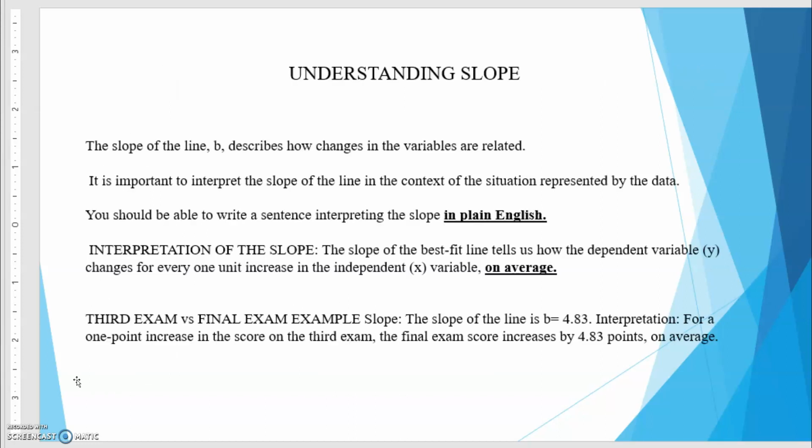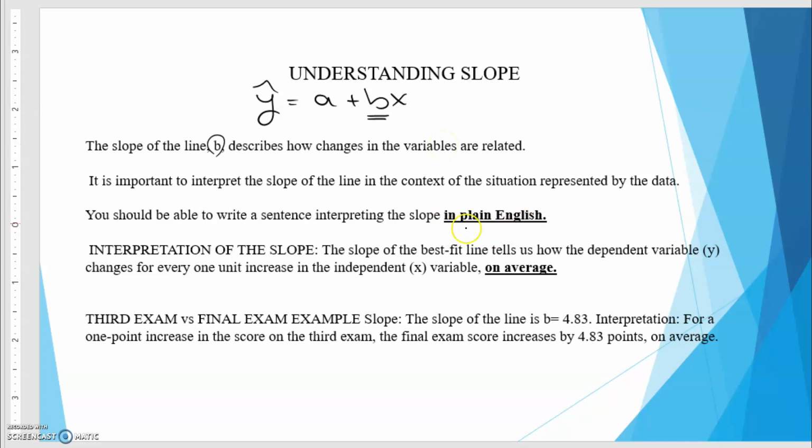Now, understanding this equation and putting it back into English, or understanding the slope. The slope of the line in this case is b, because y hat is equal to a plus bx. Remember, the number right in front of your x is your slope. The slope of the line b describes how changes in variables are related.